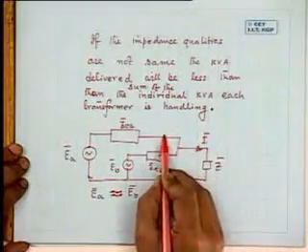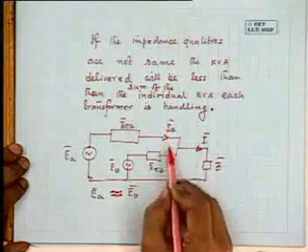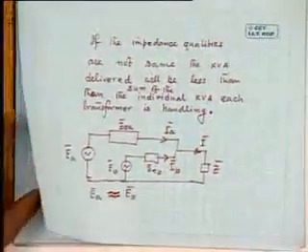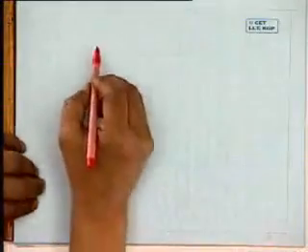Then, of course, these two points you cannot connect. Then suppose you want to find out how the current will be distributed. So let us call it IA bar, IB bar, like this.